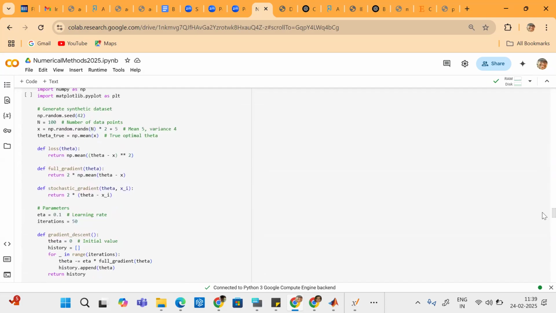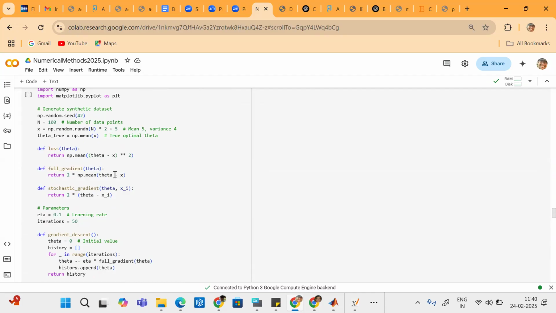This example shows you the objective function, theta minus x whole square. It is kind of like the regression error you are trying to look into here. Theta minus x whole square, and you are taking the mean of it. So it is the objective function. Then you take the gradient, that is the differentiation of that, so it is 2 times theta minus x.